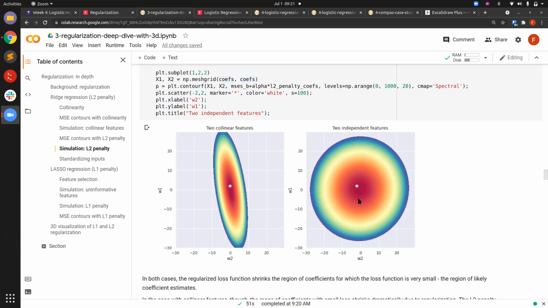The cost function has the effect of dragging the estimate away from the true values and towards the origin of the coefficient space. So that actually introduces bias. There's some systematic error in the model in which it's systematically underestimating the coefficient values.